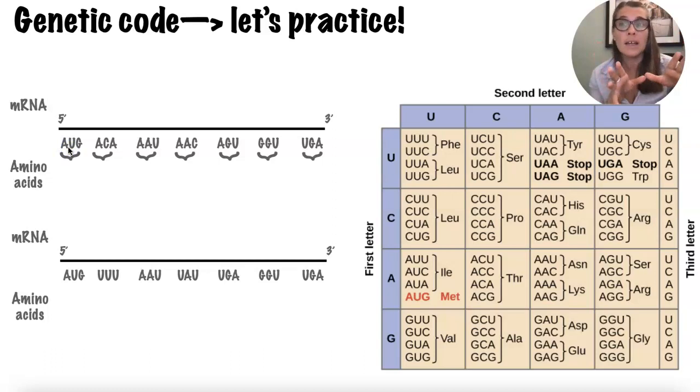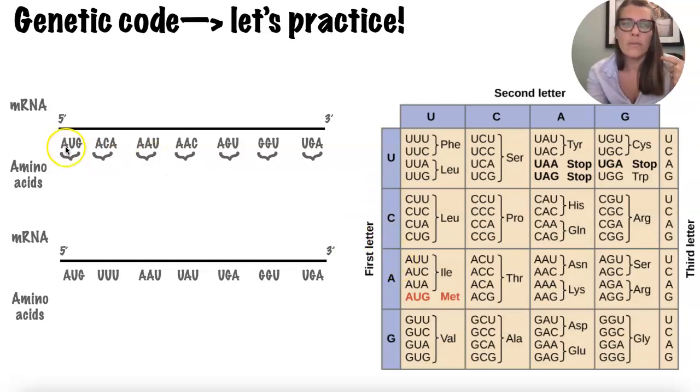Once you have that clear, now we need to find the nucleotides in the table. It can be overwhelming, but if you follow these directions, it's always going to be very easy. Because remember, when scientists discovered the table, they did it in a way that we could use it easily, right? Where we can say, okay, I have that nucleotide on this mRNA, which amino acid am I going to get?